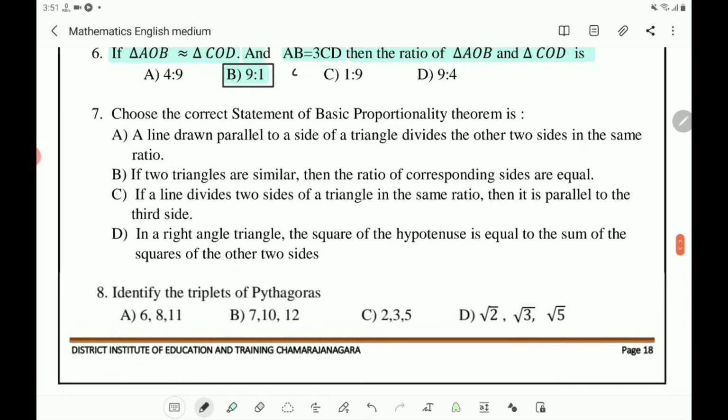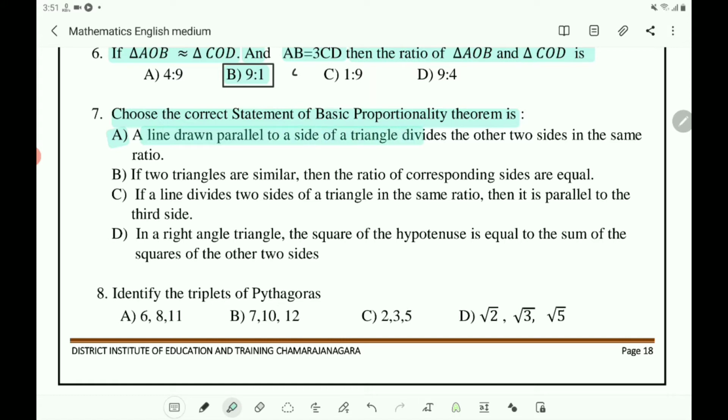So you take question number 7. Choose the correct statement of basic proportionality theorem. First one, what is there? A line drawn parallel to a side of a triangle divides the other two sides in the same ratio. If two triangles are similar, then the ratio of corresponding sides are equal. If a line divides two sides of a triangle in the same ratio, then the line is parallel to the third side. In a right angle triangle, the square of the hypotenuse is equal to the sum of the squares of the other two sides.